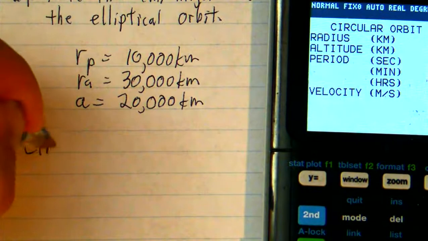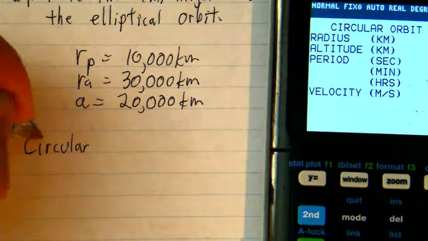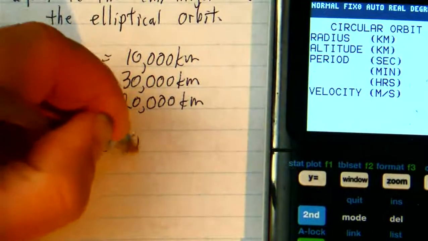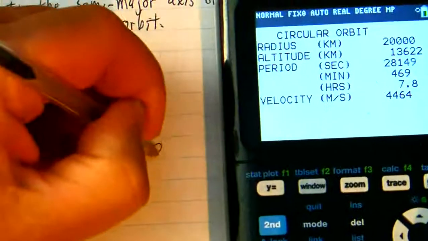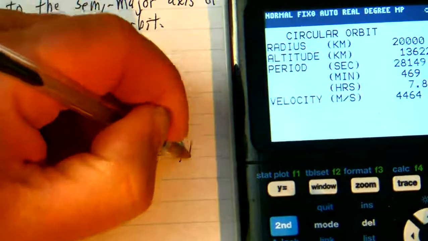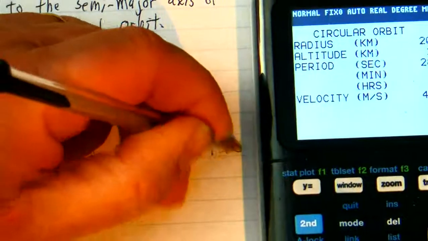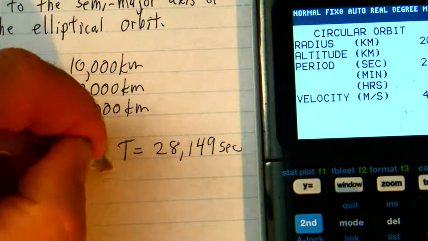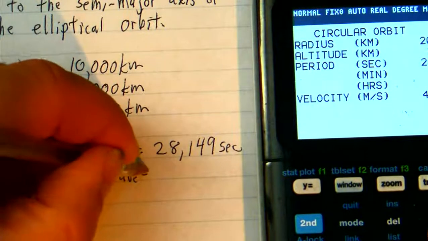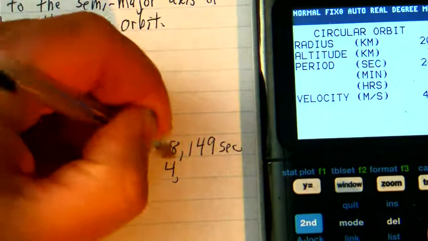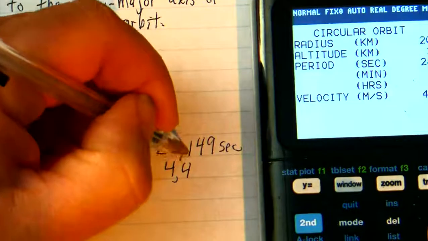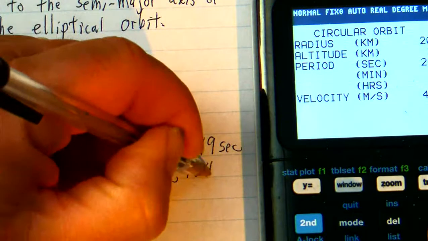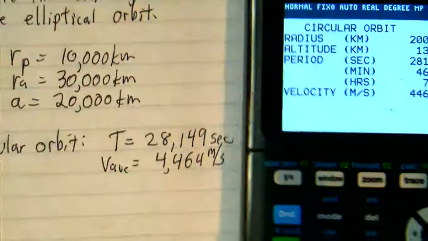So a circular orbit has a period of 28,149 seconds, and the orbital speed, not average, the only value, is 4,464 meters per second.